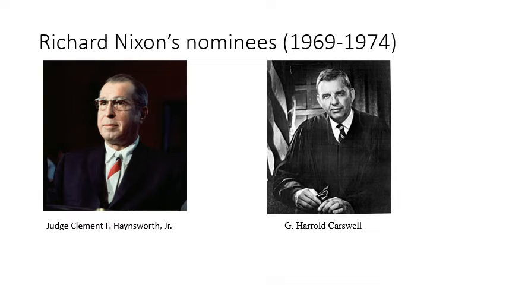Then Nixon nominated Harold Carswell, and he had 2 problems. One, he was widely considered to be mediocre, just not an impressive mind, judicially. But worse, in 1948, he had given a pro-segregation speech to the Georgia legislature, or in running for the Georgia legislature.